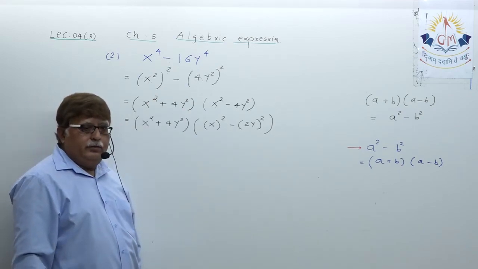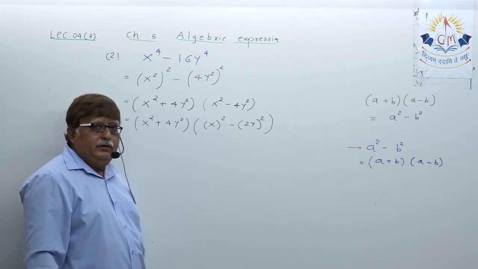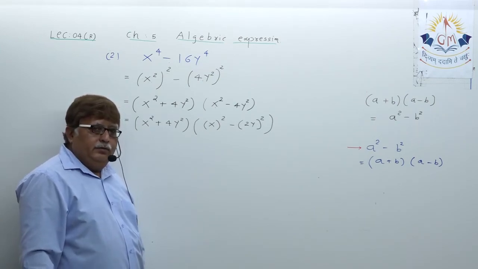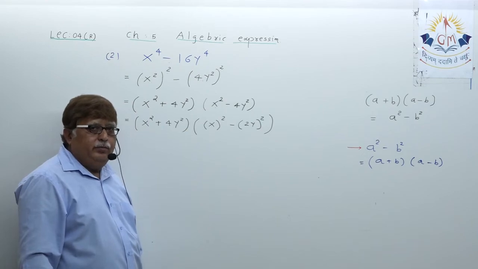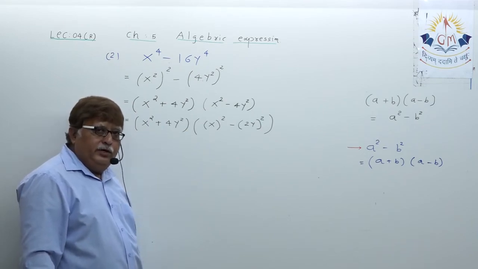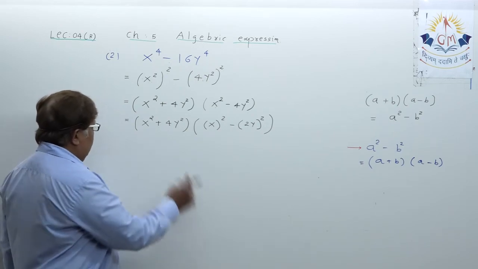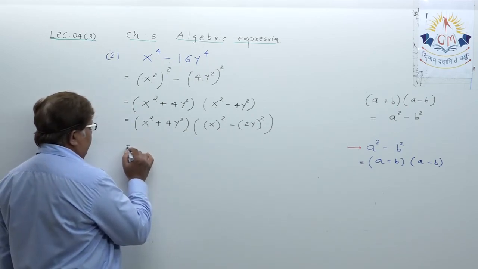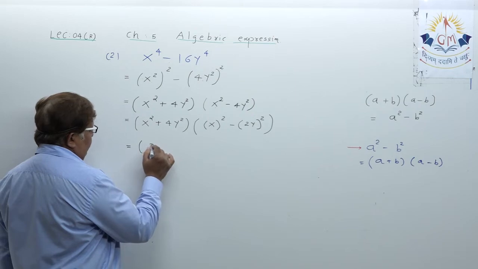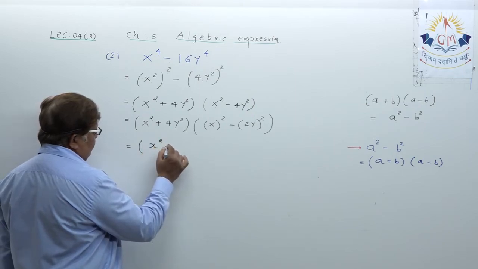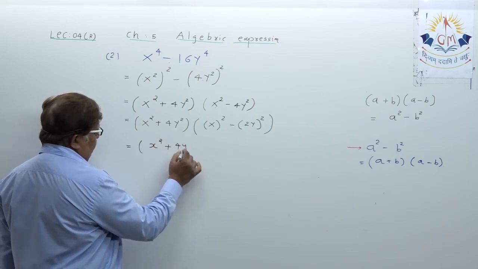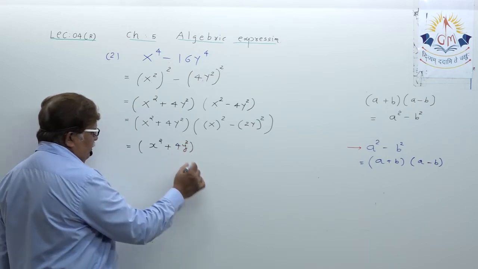Please see the step, because immediately after this I will give one example as an SLP, self learning practice, instantaneous. Okay, let us write x square plus 4y square as it is.